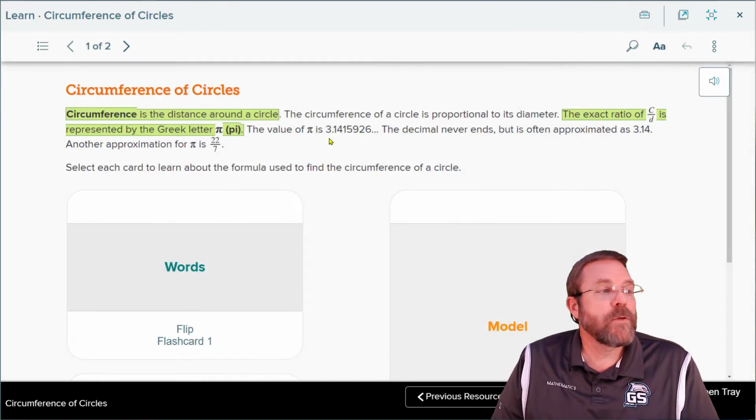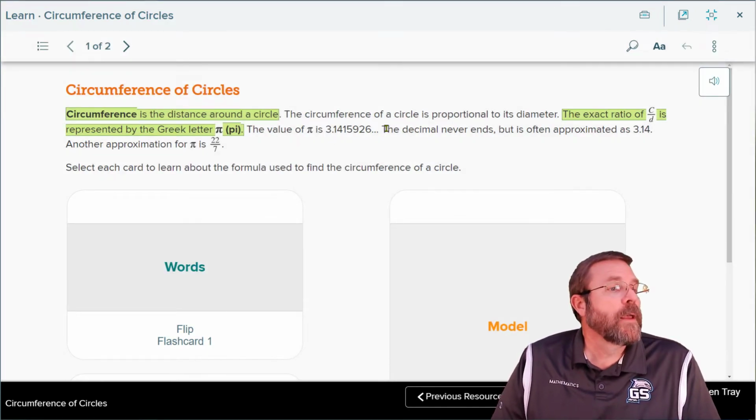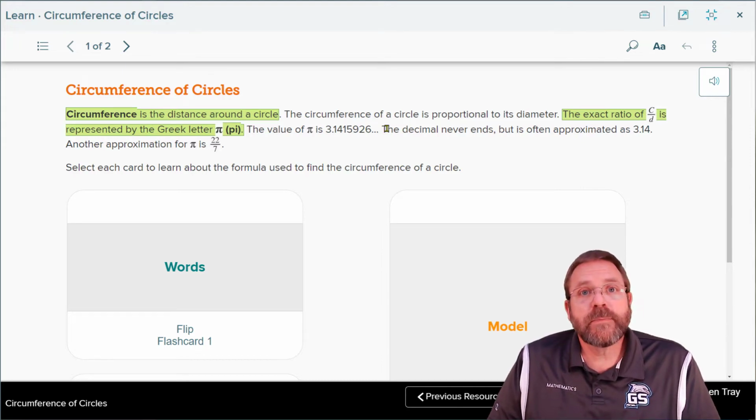And then that value is, of course, this right here, but it keeps going on forever. The decimal never ends, but it's going to be approximated as 3.14. Another approximation for pi is 22/7 as a fraction, but that's not nearly as close as 3.14 is.